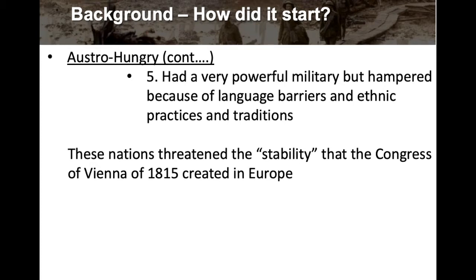It was a limited success for about 90 years because it did cause some stability in Europe. But it did not last because in the end, these nations ended up threatening one another with the alliances that they formed pre-World War I, and it just shows that the Congress of Vienna came to a failure.